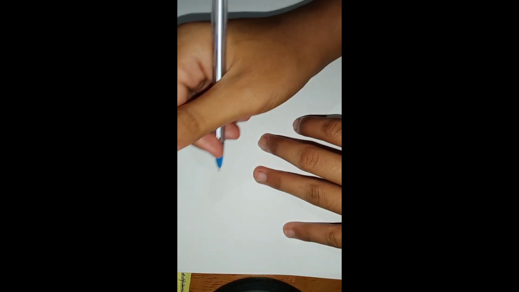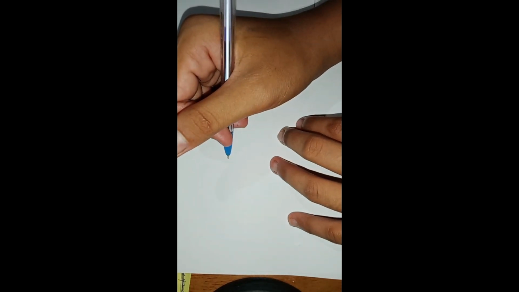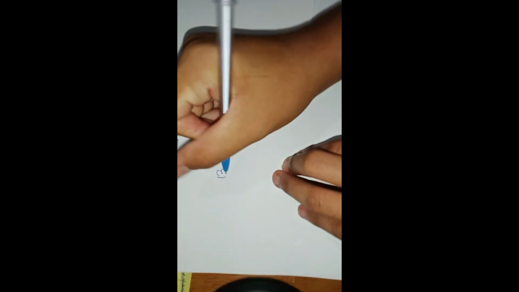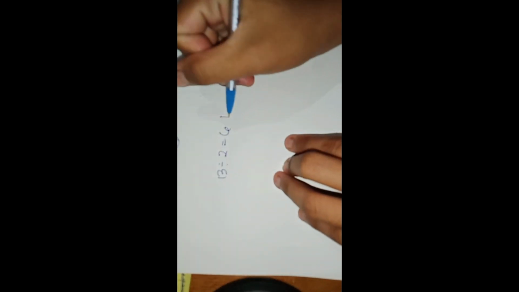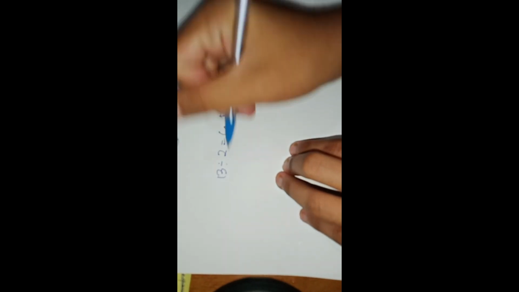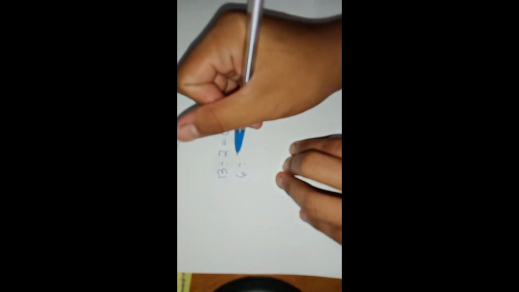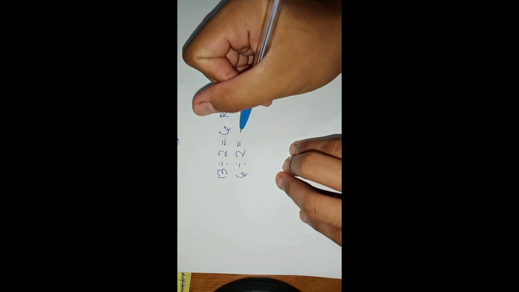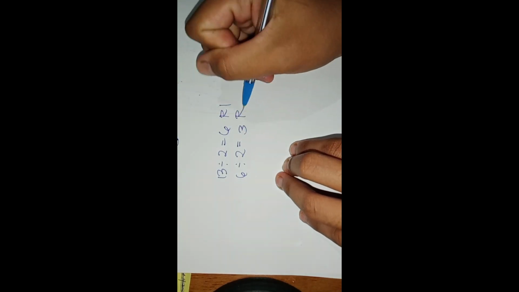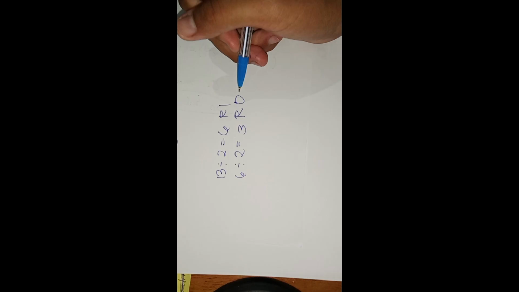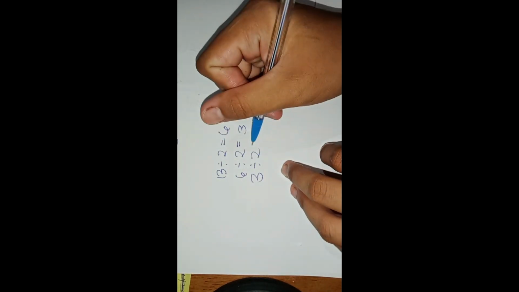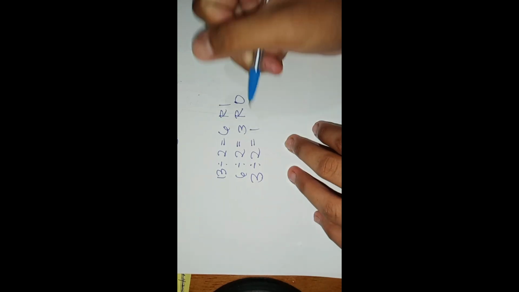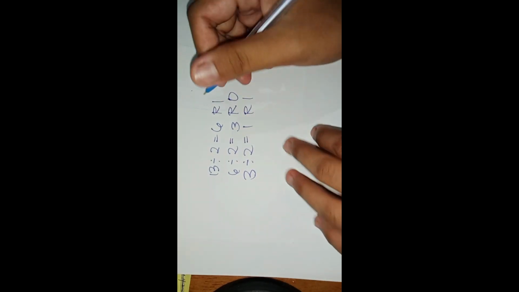This is an example of decimal to binary. Let's convert 13 to binary. 13 divided by 2 is 6, remainder 1. Then 6 divided by 2 is equal to 3, remainder 0. And 3 divided by 2 is equal to 1, remainder 1.